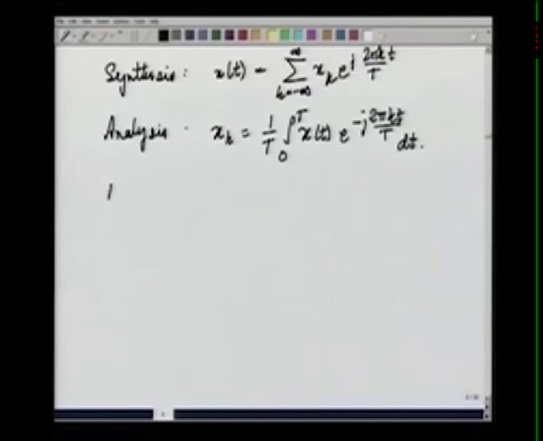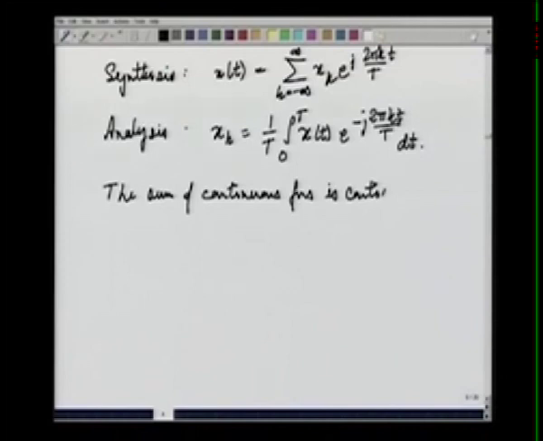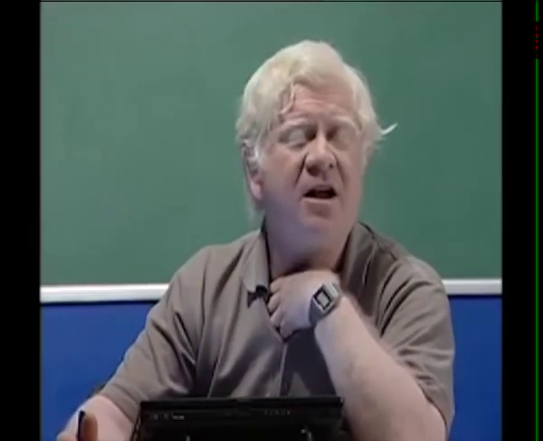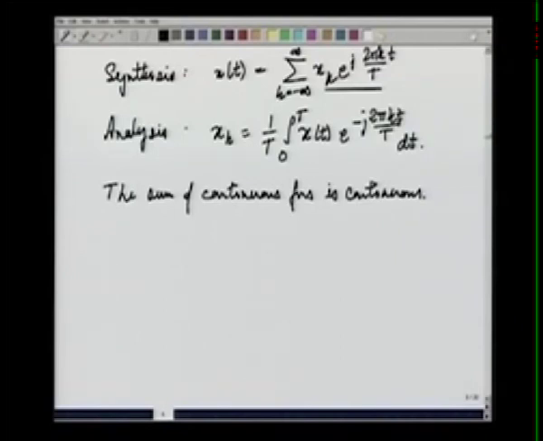So, if this is true, then since each component in the synthesis is a continuous function, because periodic complex exponentials are eminently continuous functions, they do not show discontinuities anywhere at all, then their sum must also be a continuous function.